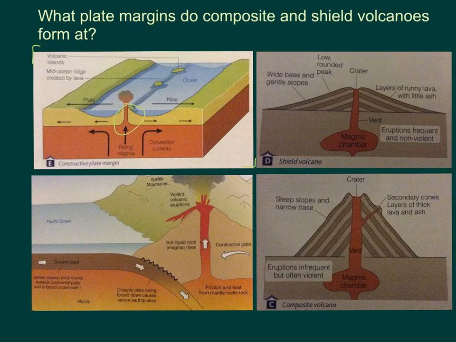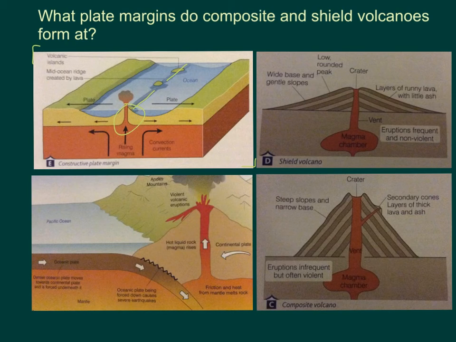Magma rises to fill that gap, and over time that will build up to form a volcano under the sea, and when it becomes above the surface we get a volcanic island such as Iceland. The line where the 2 plates diverge is called a mid-oceanic ridge.